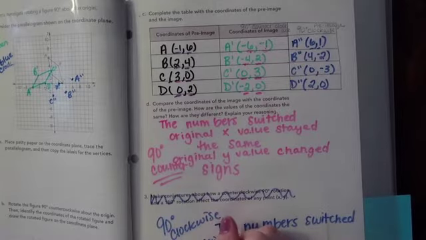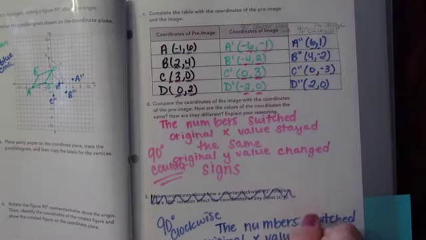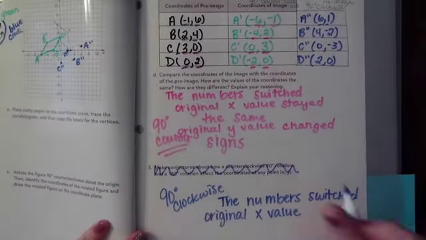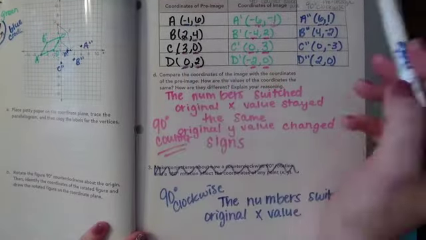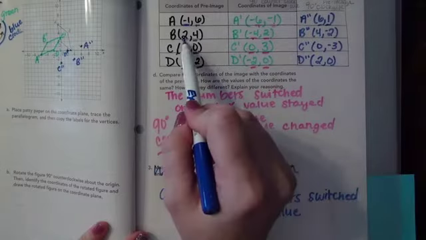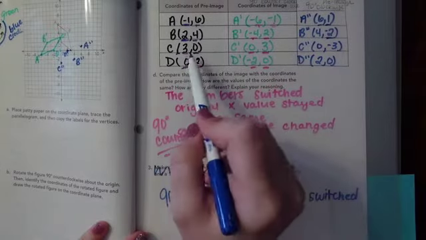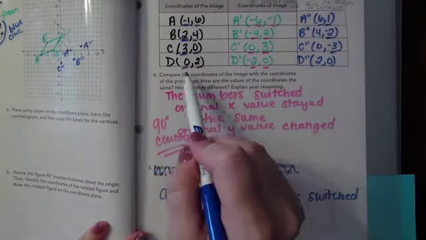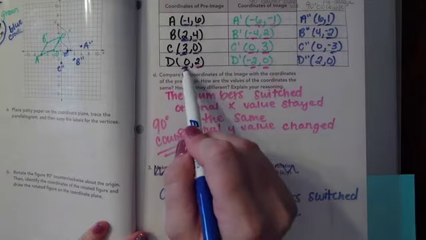The original x value. So let's look at the original x value. So the original x value was -1. Now it's +1. +2, -2, 3, -3, 0, 0.